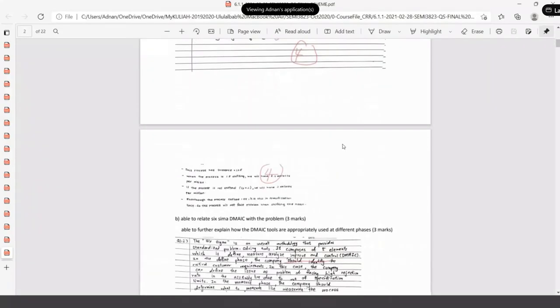Oh, tak ada kat sini pula. Three point two.